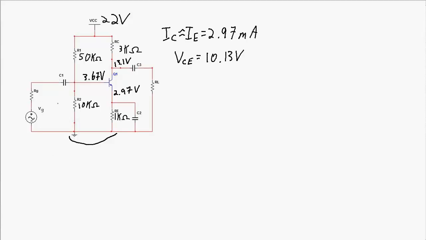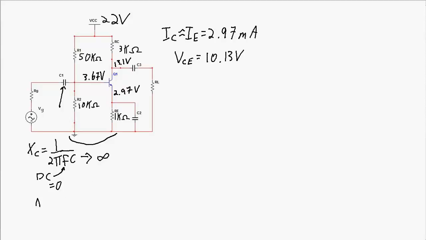The reason that works is the reactance of this capacitor to the DC portion of the circuit is, well, the reactance of any capacitor is 1 over 2 pi times the frequency of the signal times the capacitance. So at DC, the frequency is 0, which means the reactance of the capacitor is going to approach infinity. So it's effectively an open circuit.